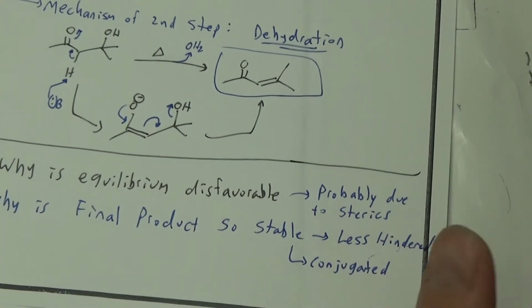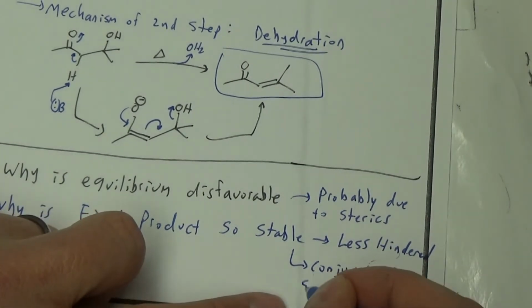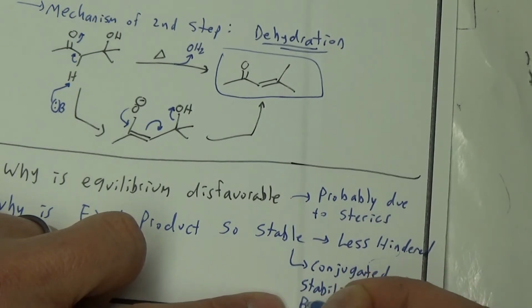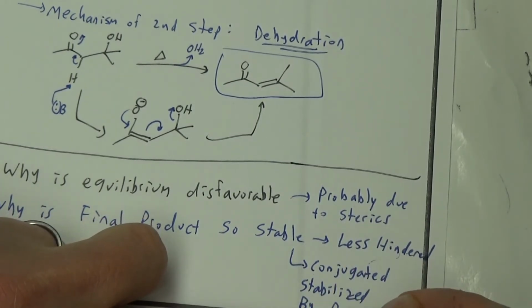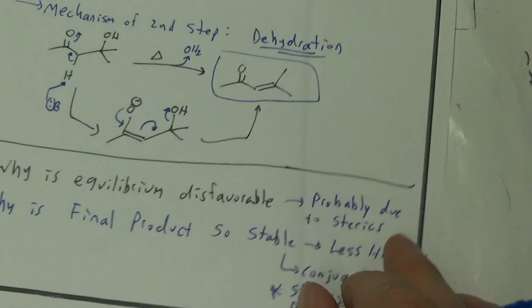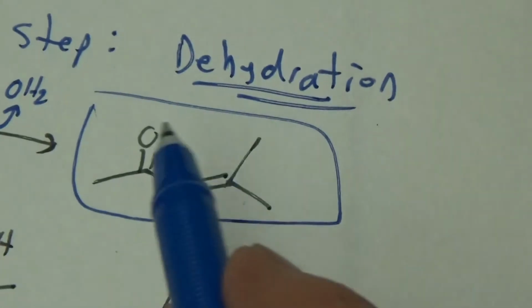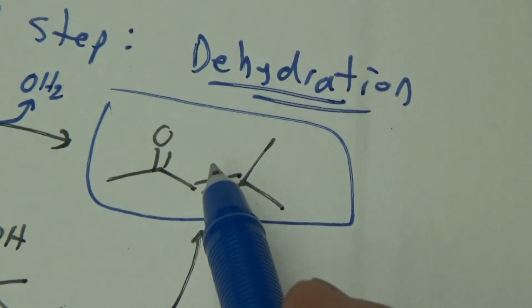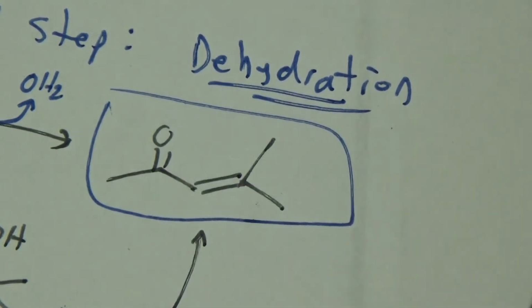Okay. And that is stabilized by resonance. Okay, so we'll come back to that a lot. Stabilized by resonance. When you have a ketone next to an alkene, that's actually a resonance stabilized functional group, because you can push the alkene towards the ketone and we can draw that.